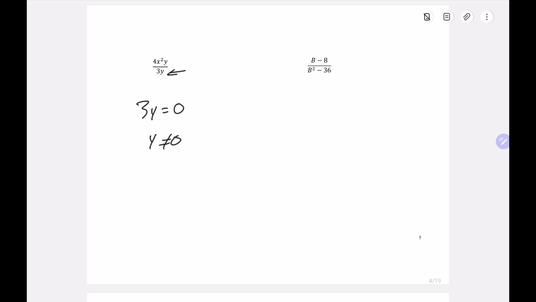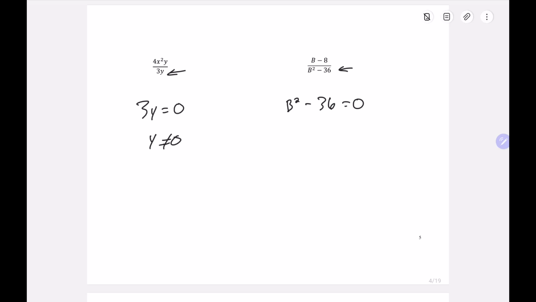So next we have b minus 8 all over b squared minus 36. Since we want to know where it was undefined, we would take our denominator, set it equal to 0, so b squared minus 36 equaling 0.